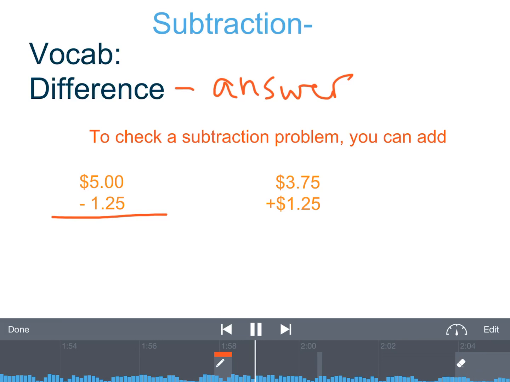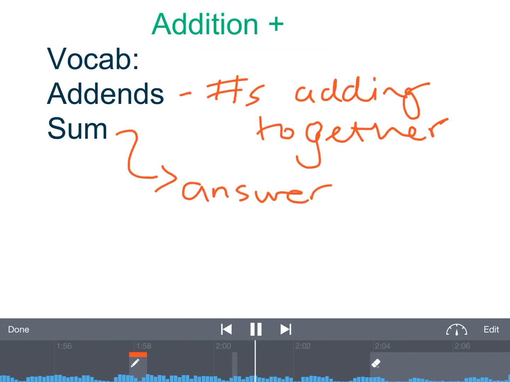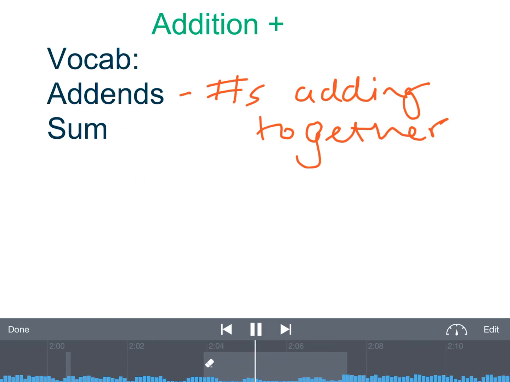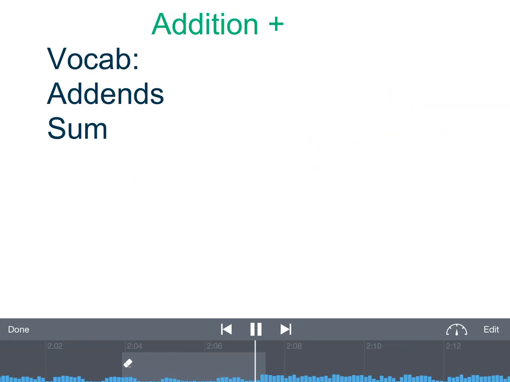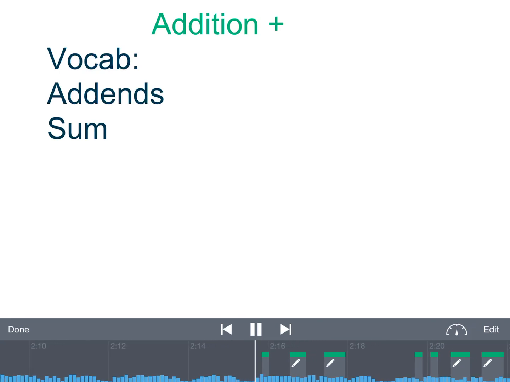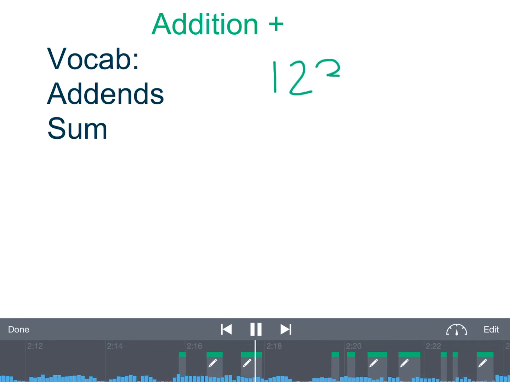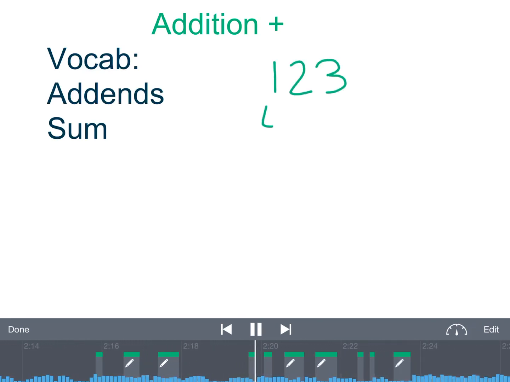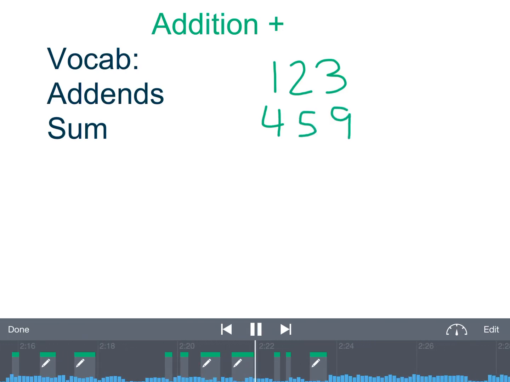And also what I want to go back and say about addition, I'm going to erase this. What I want to say about addition is that it is so important to make sure that you are lining up. I'm going to add 2 random numbers, 123 and 459.